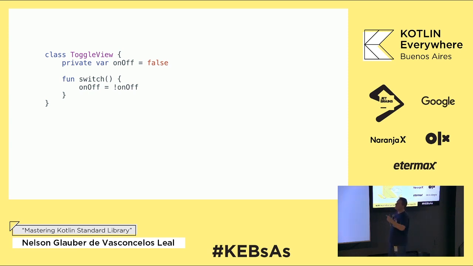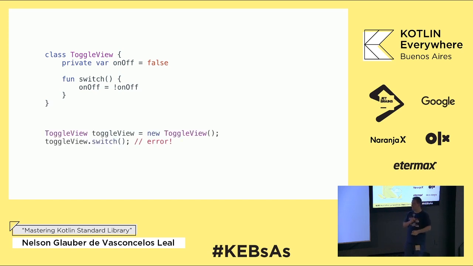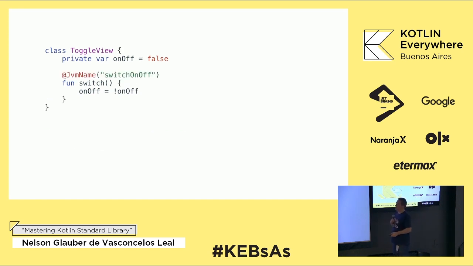Let's say that you are creating this toggle view component, and you write this simple function switch, which switches between on and off. Okay, but if you try to call this code in Java, as you know, switch is a reserved word in Java. So you can't use switch. In this case, you can use the JVM name to rename the function which is generated by the compiler.